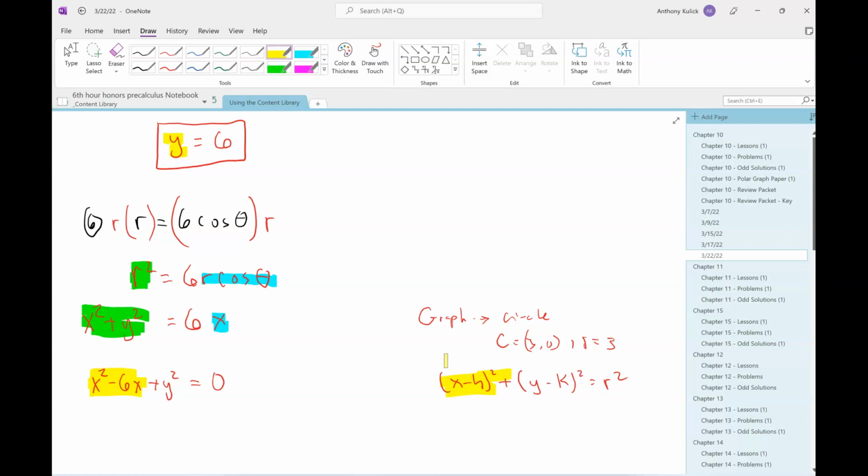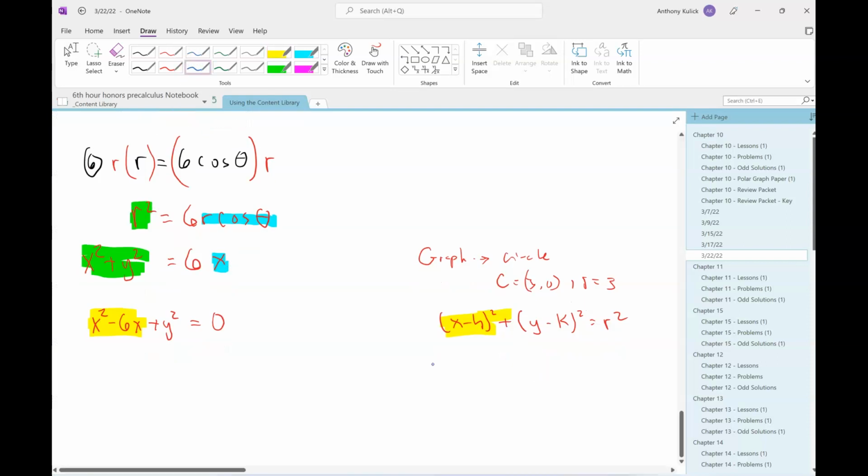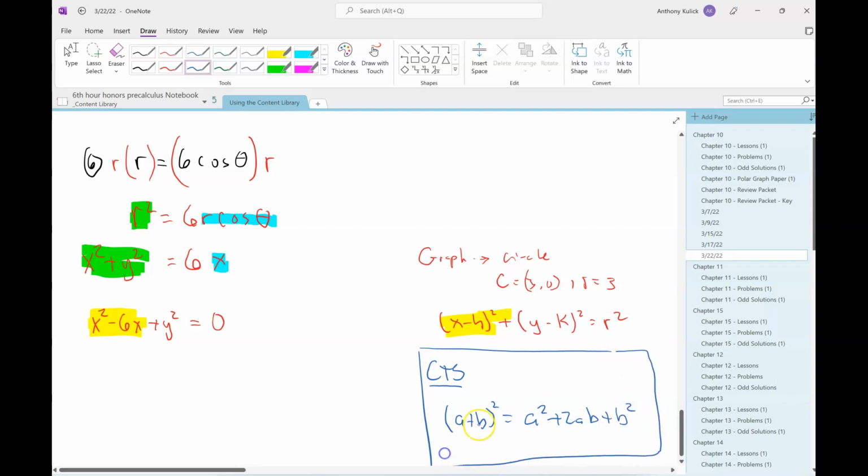Very good. The idea behind completing the square is we're going to take advantage of the perfect square factoring pattern, and try to build a quadratic that looks like a squared plus 2ab plus b squared.